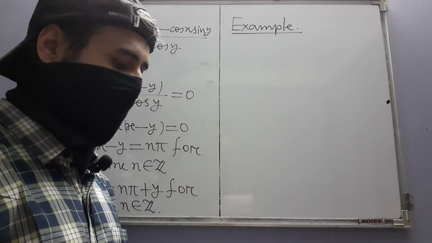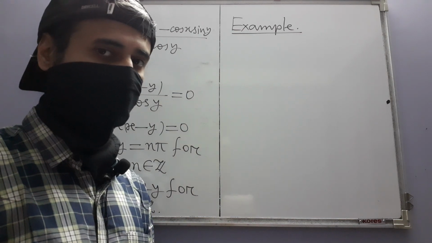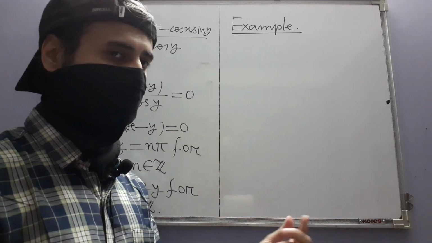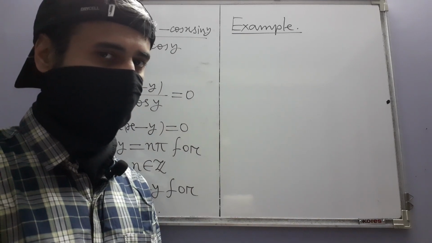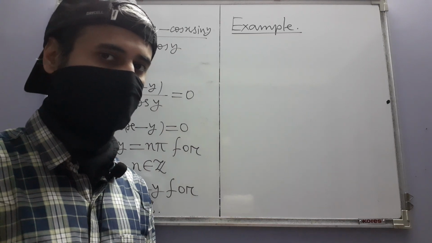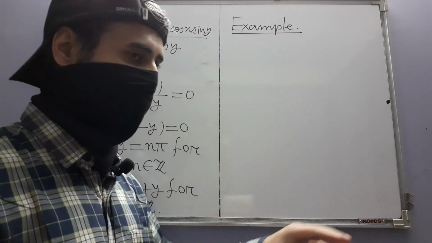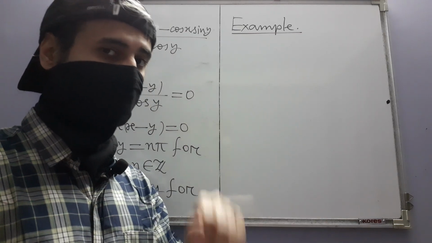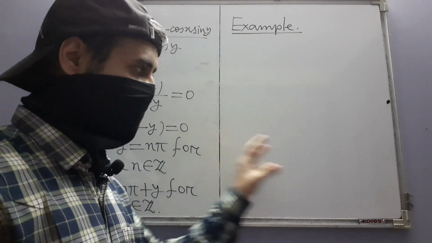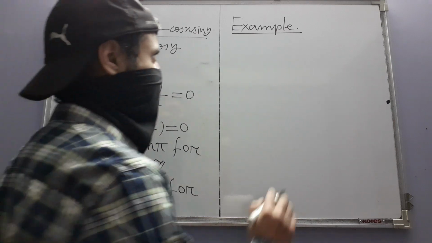What that really means is find the general solution. If you simply see this sentence, find the solutions, you have to understand that you have to find all the solutions, that means the general solution. However, if someone is asking you to find particular solutions satisfying some condition, that's a different matter.